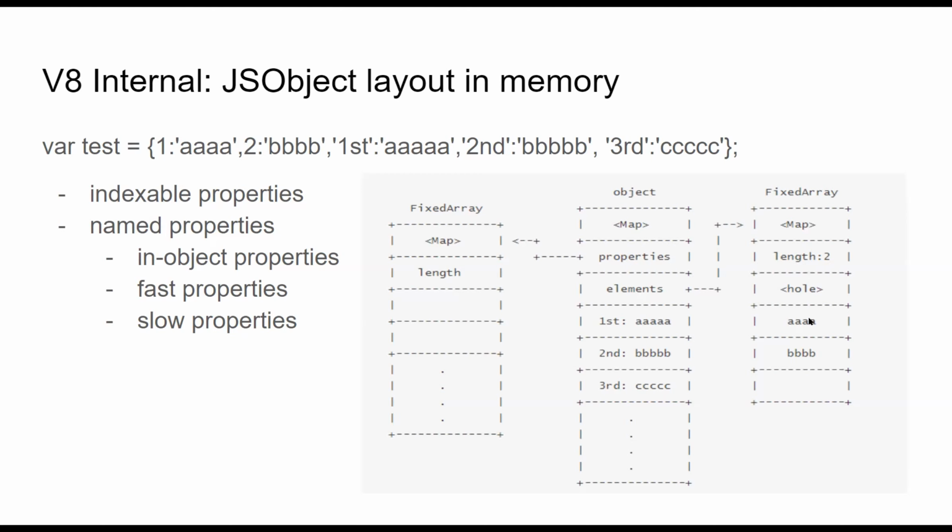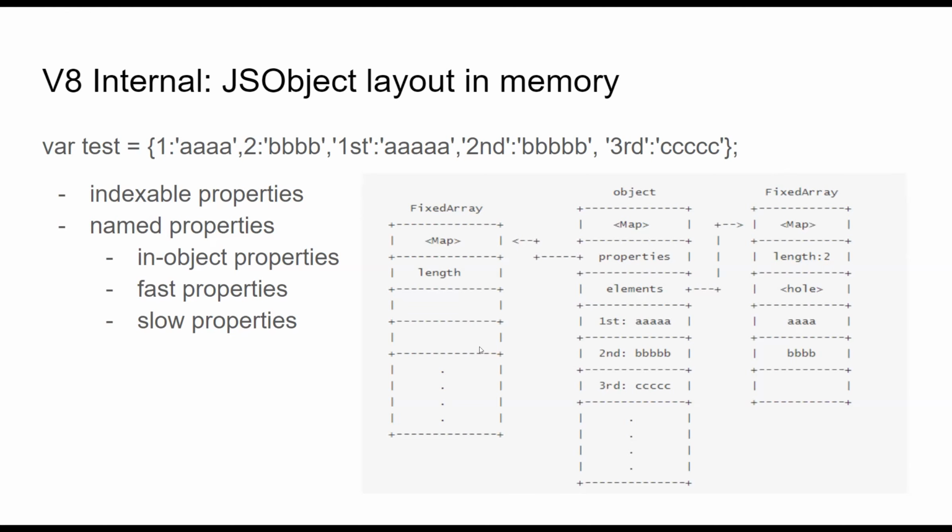In this case it is AAA, BBB, because the index starts from 0, so the first element is the hole, the second one is AAA, and the third one is BBB. Then after the elements, we have in-object properties, which means first, second, third will be kept in the object itself. Only when the space runs out is it going to keep these properties in the properties store.